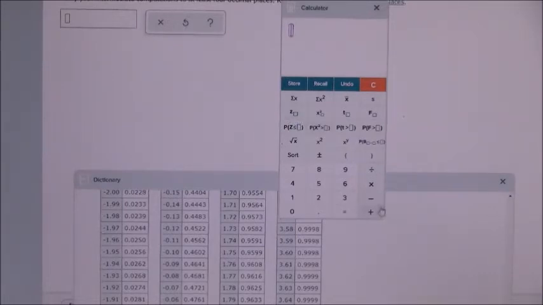So I would have negative, and I want the Z sub, and then in that box I'm going to put the area, 0.9671. And then when I hit equals here, you can see it gives me that same z-score, 1.84, when I round that off to 2 decimal places. So if you're going to the left, you're going to put the negative in front of that. If you're going to the right, you're just going to leave it alone, use the positive value.